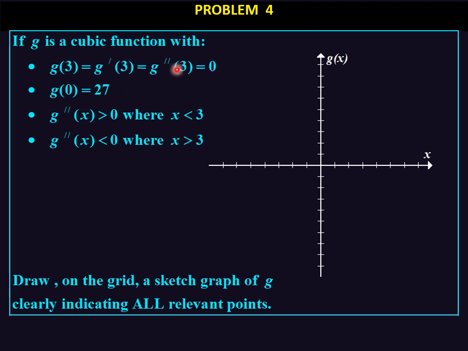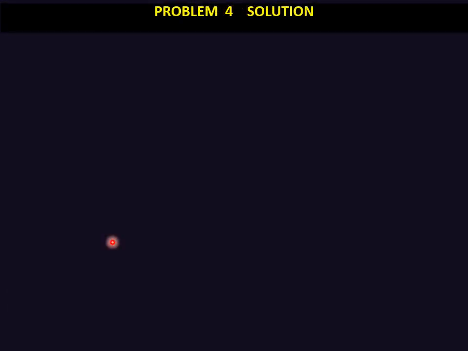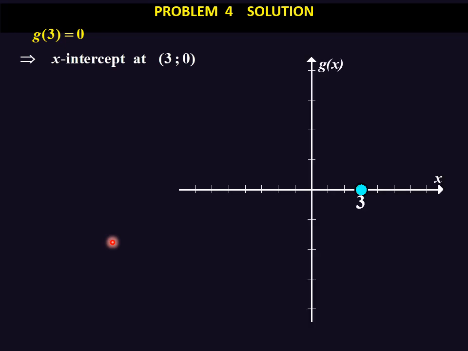There are some statements here: g(3) equal to g'(3) equal to g''(3) equal to 0. Let's use the given information. g(3) equal to 0. What does that mean? x is equal to 3 and y equal to 0. That is an x-intercept at (3, 0). Let's plot that point in the meantime, and there we have the point.